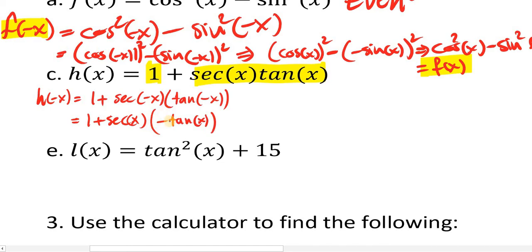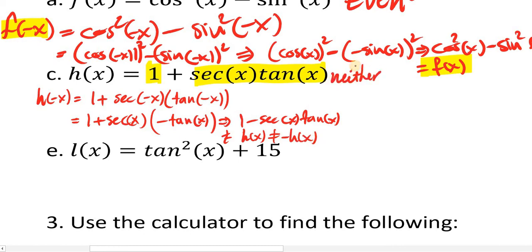Please do not confuse this negative sign with the minus sign. So I have secant x times negative tangent x, which will give me 1 minus secant x tangent x. Notice this is not equal to h of x, which is the original, and it's not equal to negative h of x. So this is neither even nor odd.